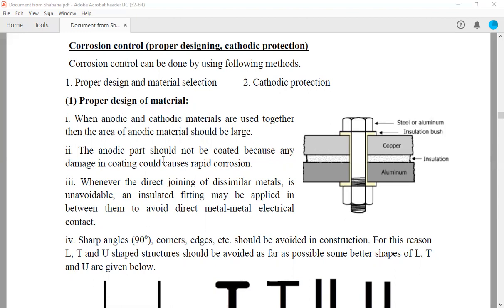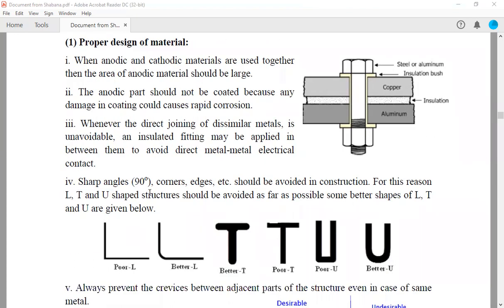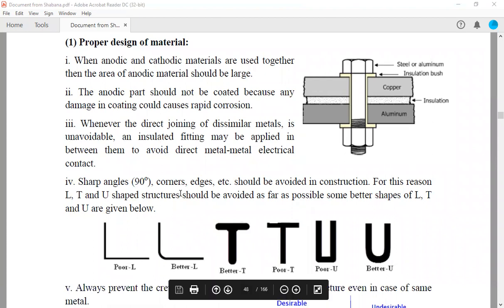Inhomogeneities in metal must be prevented by proper design of the equipment. Sharp angles, that is 90 degree corners and edges, should be avoided in construction.